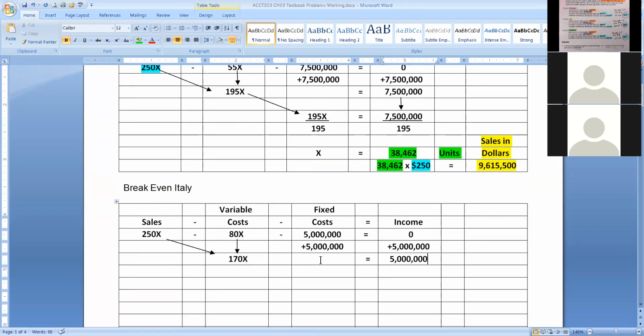Okay, so we'll get this. The 170x equals 5 million.